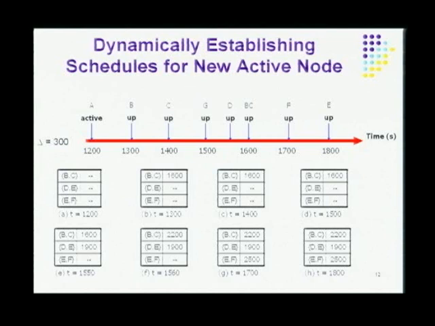And then at time 1400, C wakes up. And again, A would search its GAN schedule table. Okay, and A finds out that I already have a schedule for node C. So the current time is still less than the wake up time I have already scheduled for node C, so I send the 1600 back to node C, so that node C will wake up at 1600.